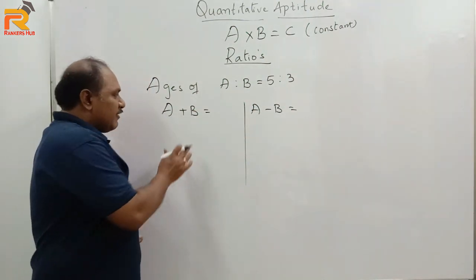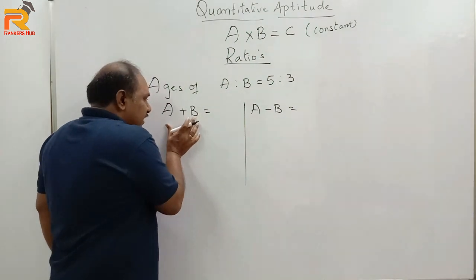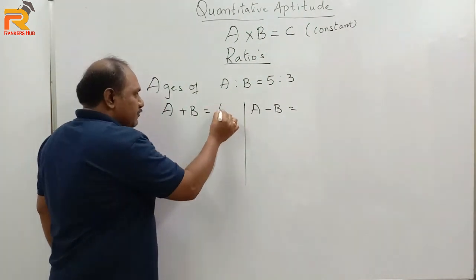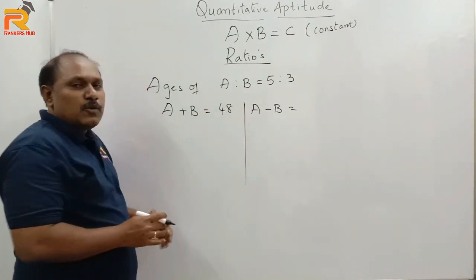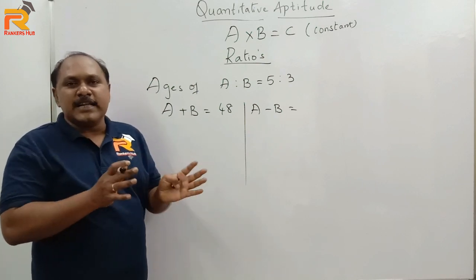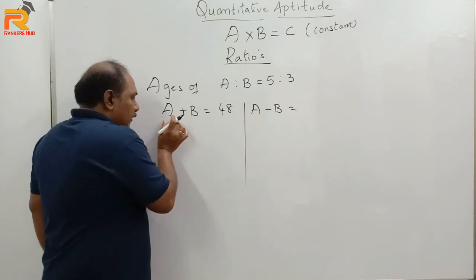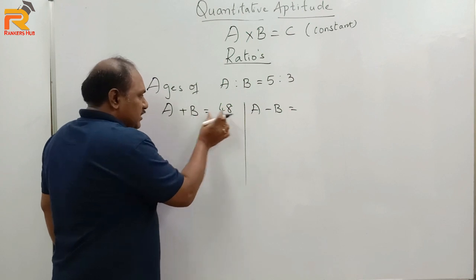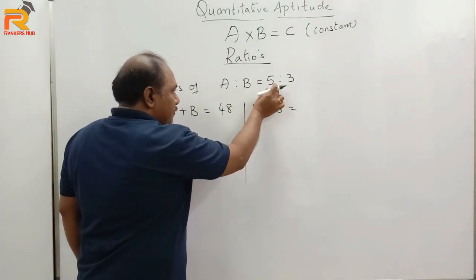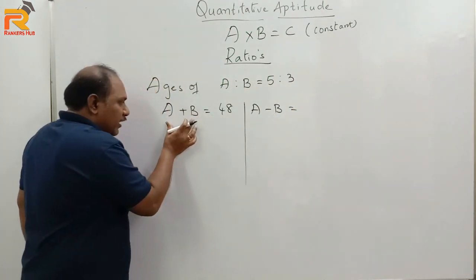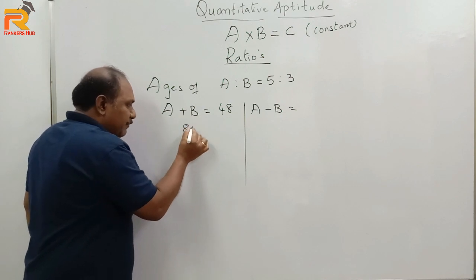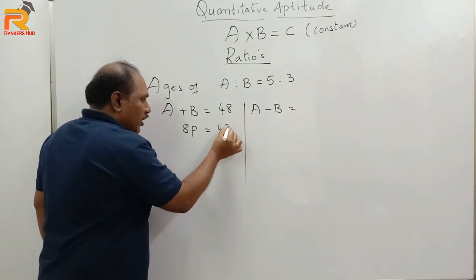Now suppose we are given the sum of their ages. If I say the sum of the ages of A and B is 48 years, and I ask you what is the actual age of A and what is the actual age of B. Here the sum of A and B is 48. A is 5 parts, B is 3 parts. When I talk about the sum, it should be 8 parts. 8 parts is 48.